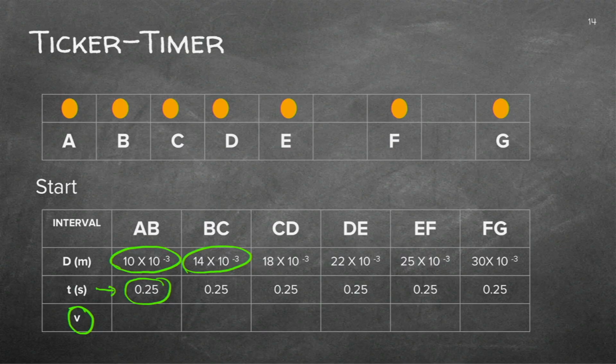I can now, with the displacement or the distance and the time, have an equation to work out the velocity. And I'm going to give you a few seconds to quickly do the velocity between A and B and C.